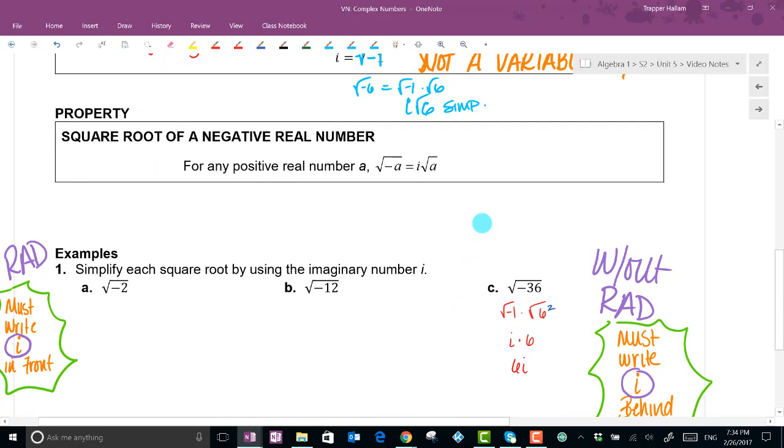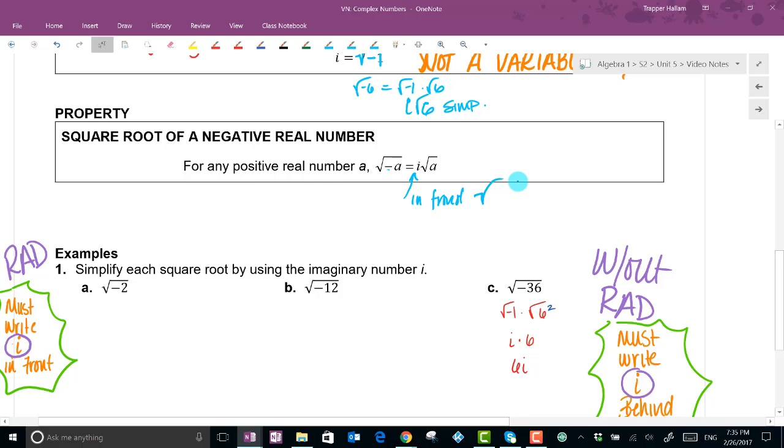If we come up with a square root of a negative value, we're going to pull the I out, and it's possible that the root stays there. That's perfectly fine. But the important part is that the I needs to go in front of the radical, or the square root.